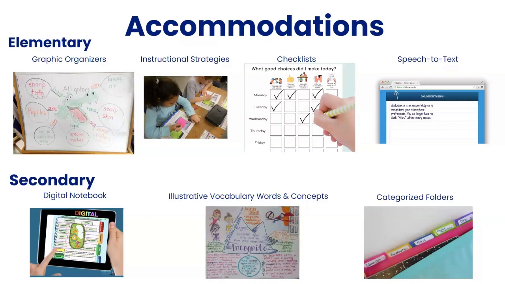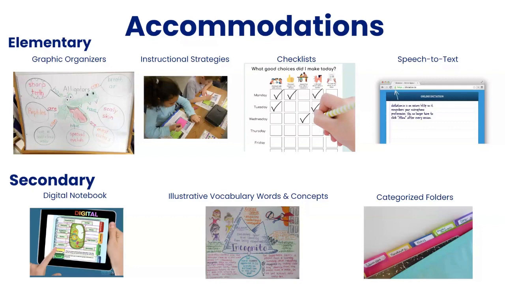Here are some examples suitable for both elementary and secondary levels. Please note that certain examples, such as graphic organizers, can be beneficial across all grade levels. For elementary: graphic organizers, highlighters, checklists, speech-to-text tools.